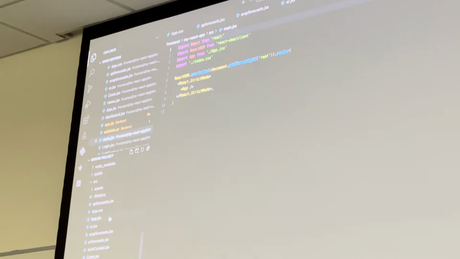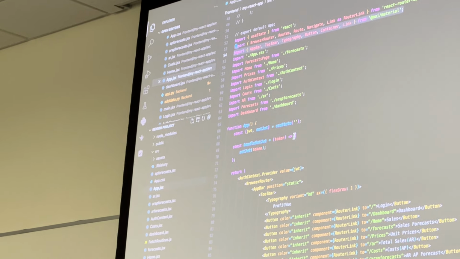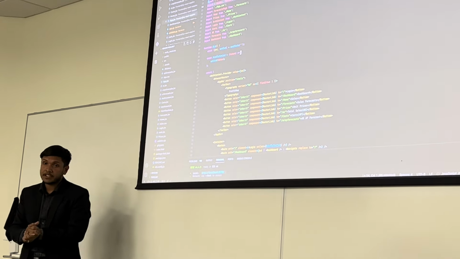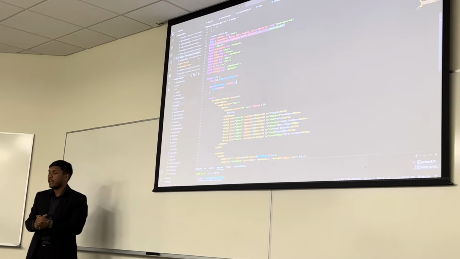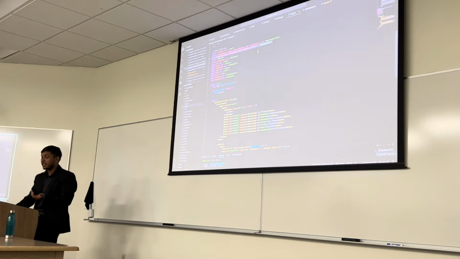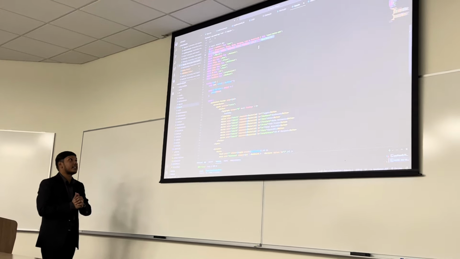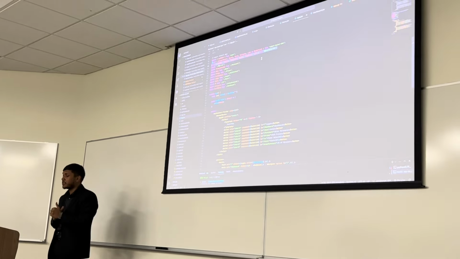Another thing that I wanted to show was the Material UI part. For Material UI, I was researching different ways to make your web page nicer. Then I found out Material UI could be one of the easier ways. You just have to install it, and then I imported different components, as you saw in the front end, like the app bar, the toolbar, the buttons, the containers, and everything.